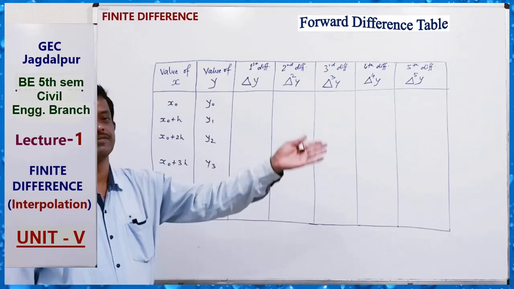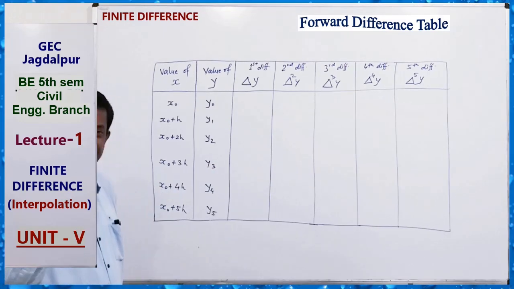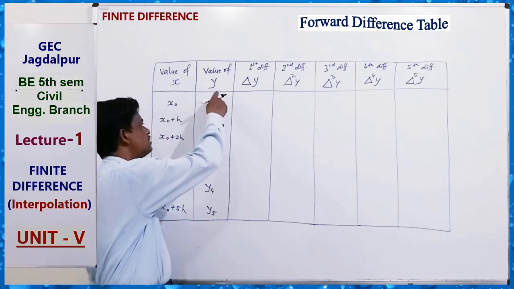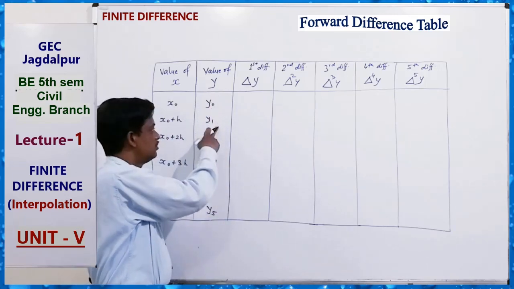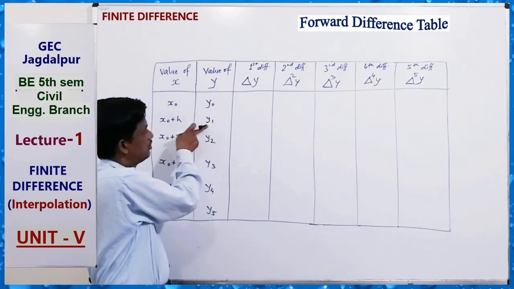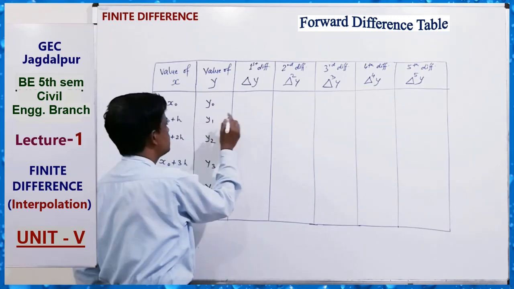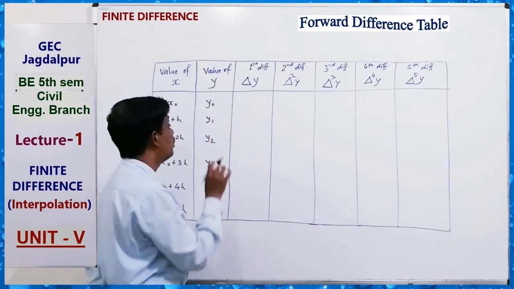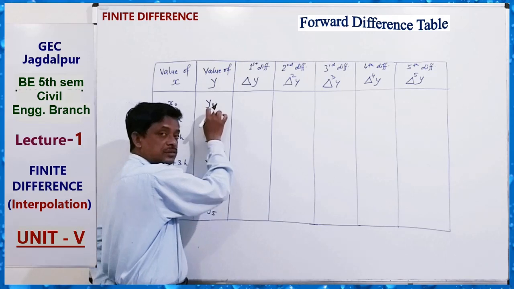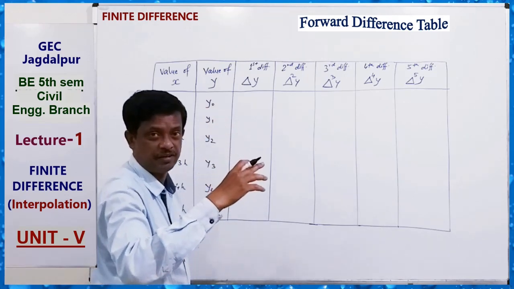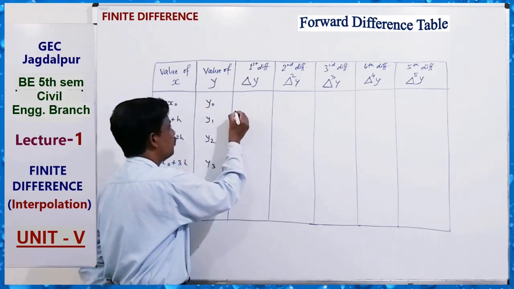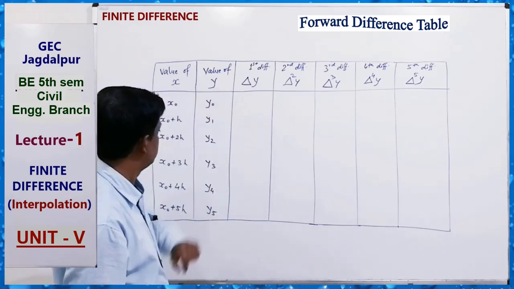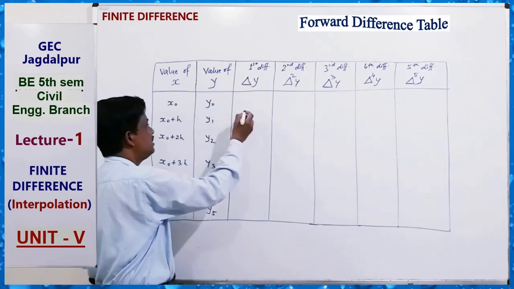These differences can be found. Difference table making is very simple. Just subtract the previous term from the next term, that is y1 minus y0. Just subtract it and write it in between.